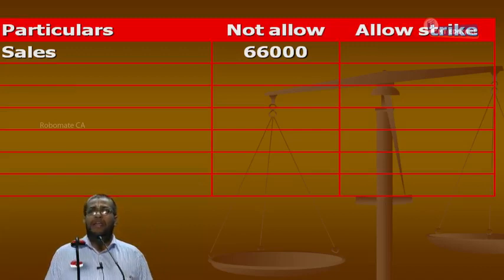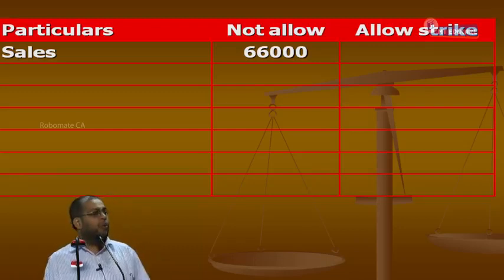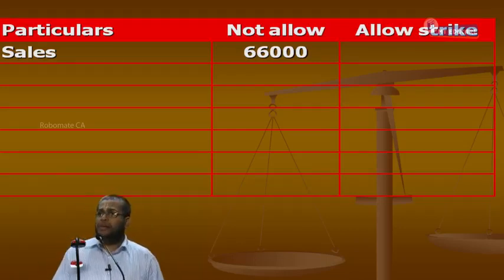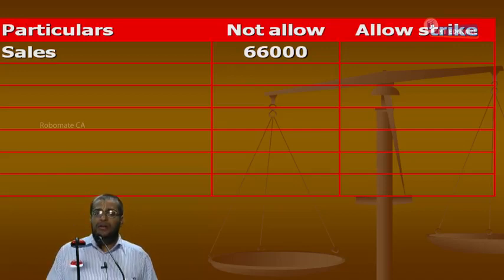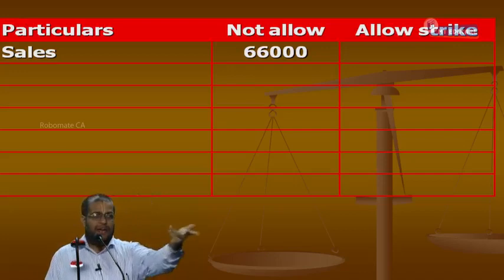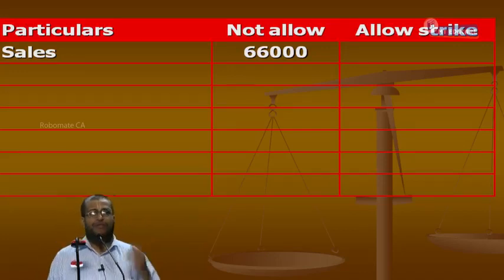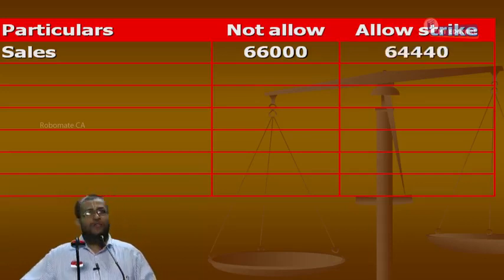Now, tell me, if the strike is allowed, will I sell 27,500 machines? No. During strike period, I lose to my competitors 650 machines. The balance could anyhow be sold, even though we may have to work overtime and sell it. So how many machines can be sold? 26,850 machines into 2,400. Everybody, I want you to work. What's the number? 64,440.